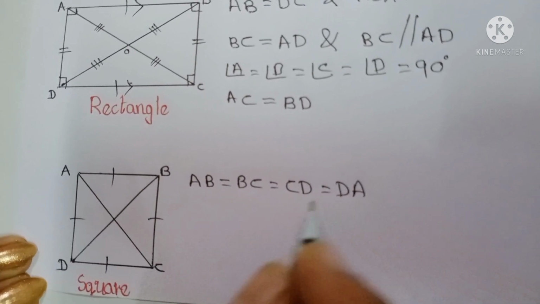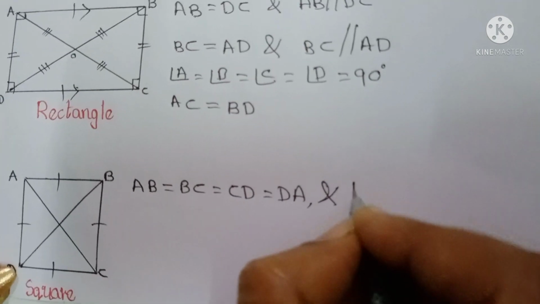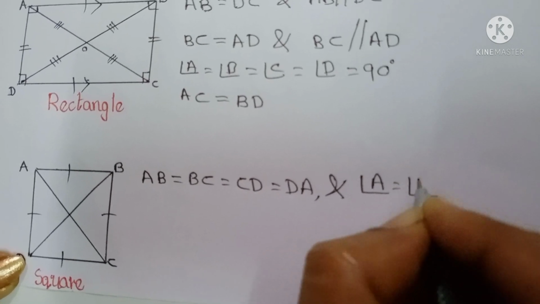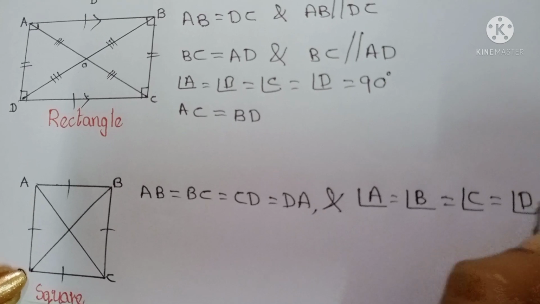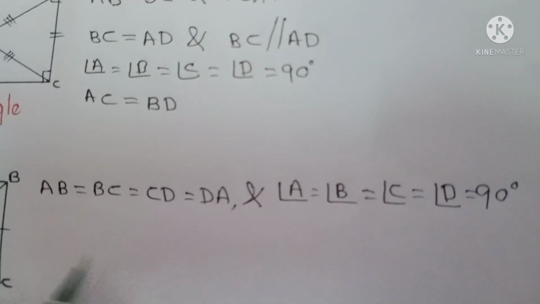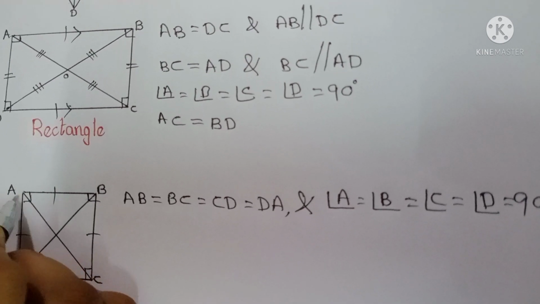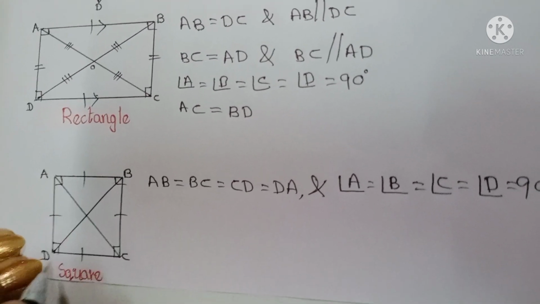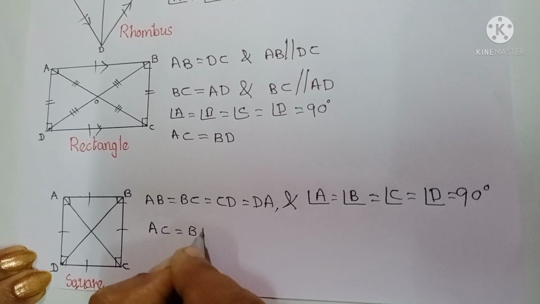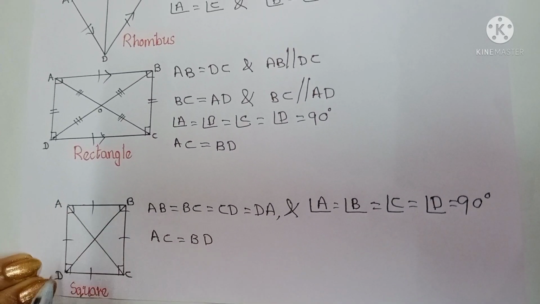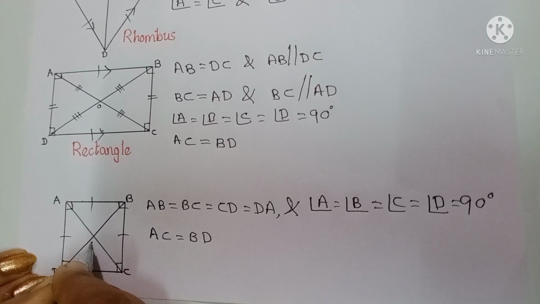All sides are equal and all angles are equal to 90 degrees, and diagonals are equal. Diagonals bisect each other at O.